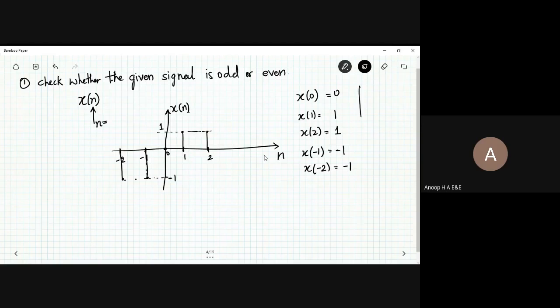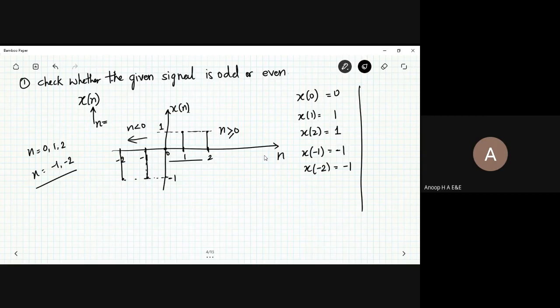So these are the values that are being listed out. So the n value will be 0, 1, 2 on the right hand side, that is n greater than or equal to 0, and this one will be for n less than or equal to 0. n will be -1 and -2. Okay, so this is what you get from this given data.